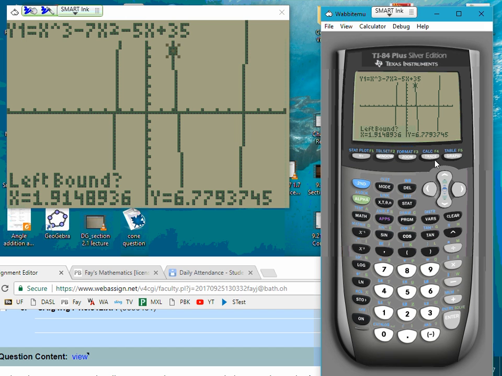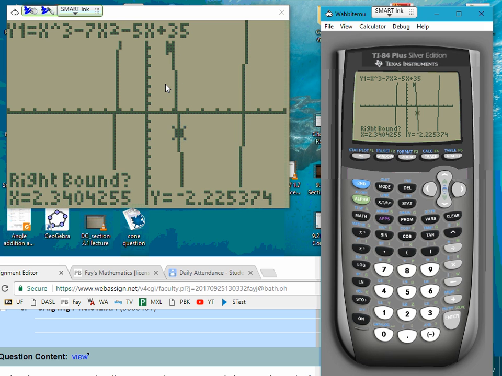Should show up here pretty soon. There it is. Okay. I'm guessing it's a little bit bigger than 2 there, and I was seeing this number here to be like 0.6, so I knew it was still up there off the screen. So move it to the left bound, so that it's to the left of the x-intercept, or move it to the right.